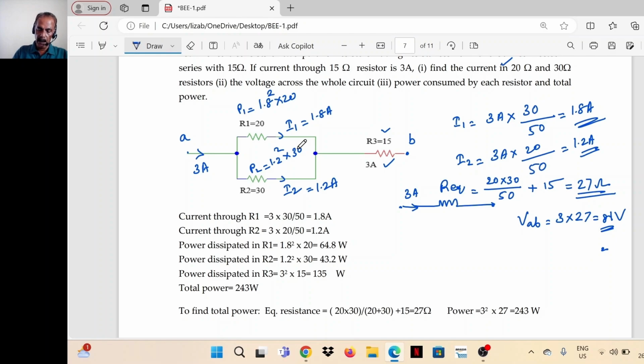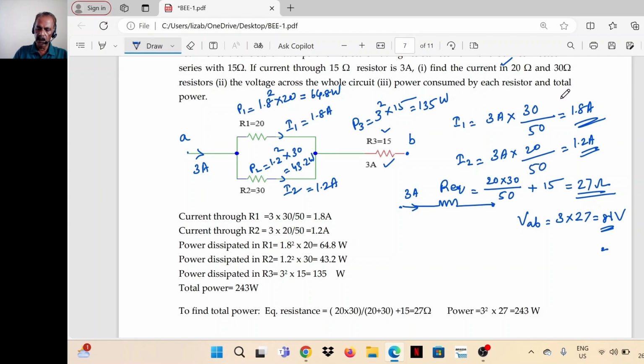Power dissipated in R3, P3, is 3 square into 15. 1.8 square into 20 is equal to 64.8 watts. 1.2 square into 30 is 43.2 watts. Here 3 square into 15 is 135 watts. Add all this, you will get the total power.